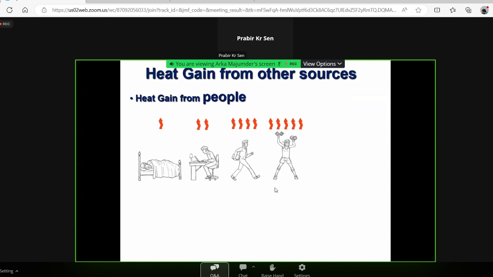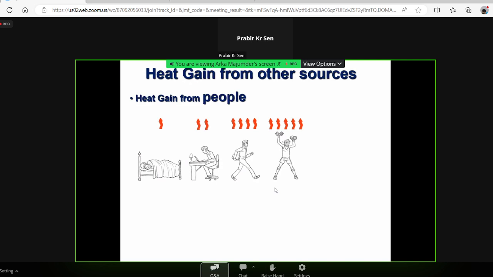Now, heat gain from other sources. We have covered heat gain through the building envelope, which includes walls, roofs, and glass windows. Then partition will be the same as walls. Instead of TETD, for a partition you consider only delta T, because direct solar radiation is not falling on the partition wall.